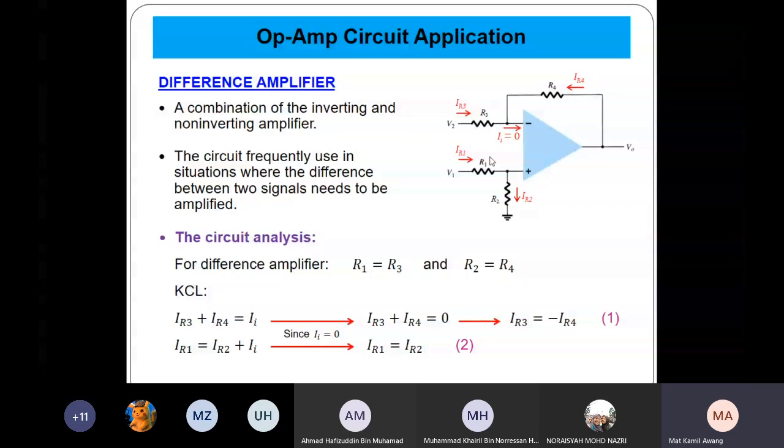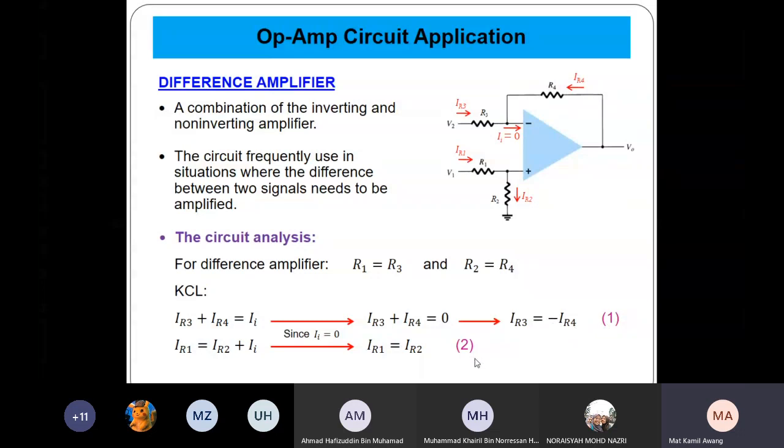Clear? KCL, Kirchhoff current law. Okay, so since I is equal to 0, you can rewrite the equation like this: IR3 plus IR4 equal to 0, and IR1 is equal to IR2. Therefore IR3 equals minus IR4.